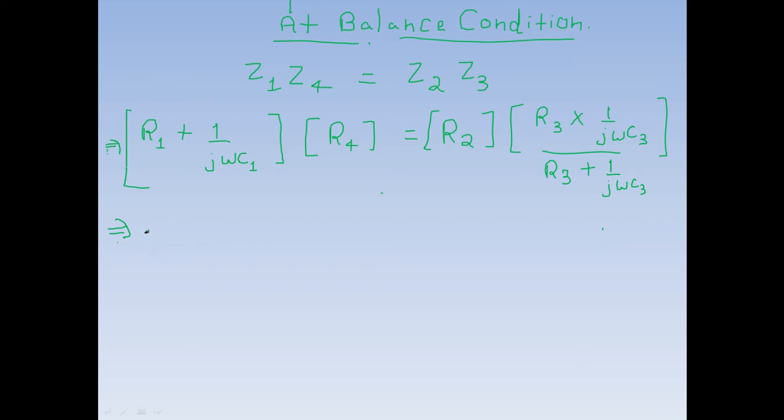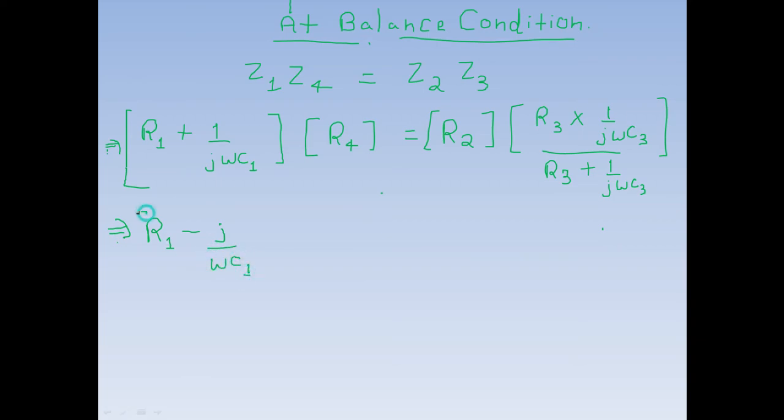On solving this equation, the j omega term goes in the numerator: R1 minus j upon omega C1.